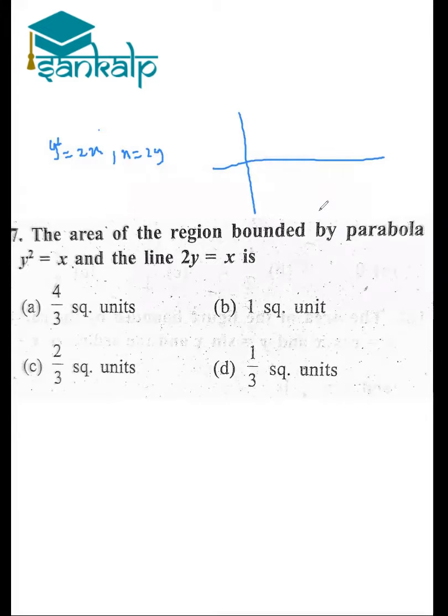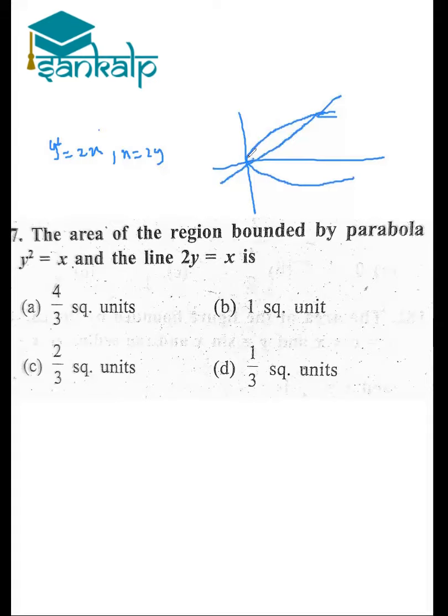and the line is intersecting. See, line is of the form x is equal to 2y. It is a line passing through the origin. And the line x is equal to 2y.